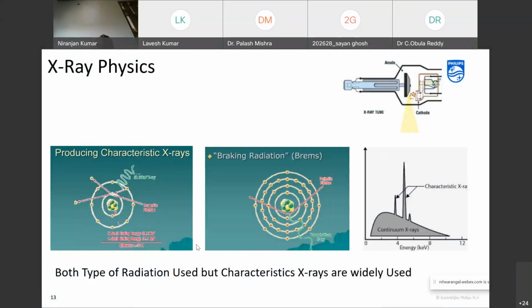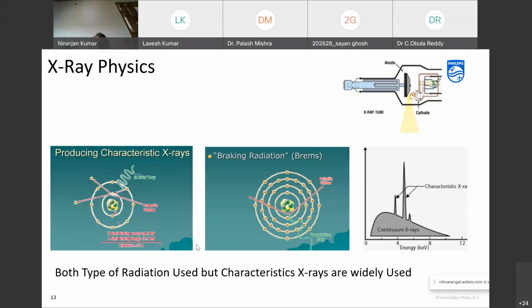So before I talk about this, to generate the X-ray we use what is called an X-ray tube. Normally there are two types of X-ray generation known. If an accelerating electron goes and hits an atom, two types of things happen. One is that it hits another electron and ejects it, so the one going in and the other which was inside the shell.